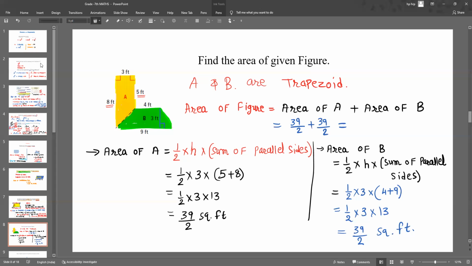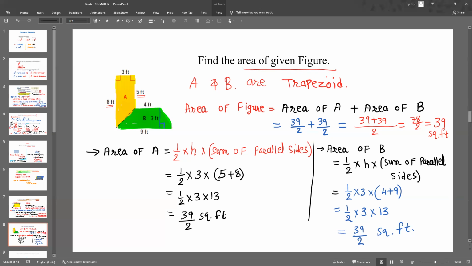So we just have to simplify: 39 plus 39 by 2, that is 78 by 2, and that is equal to 39 square feet.